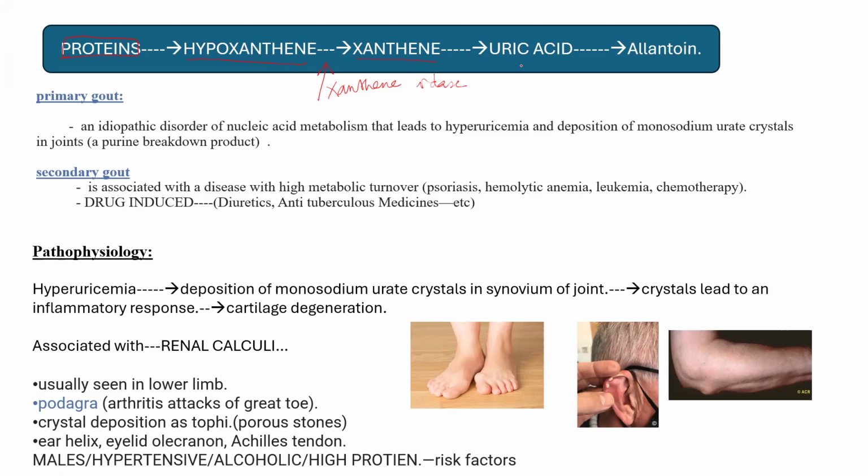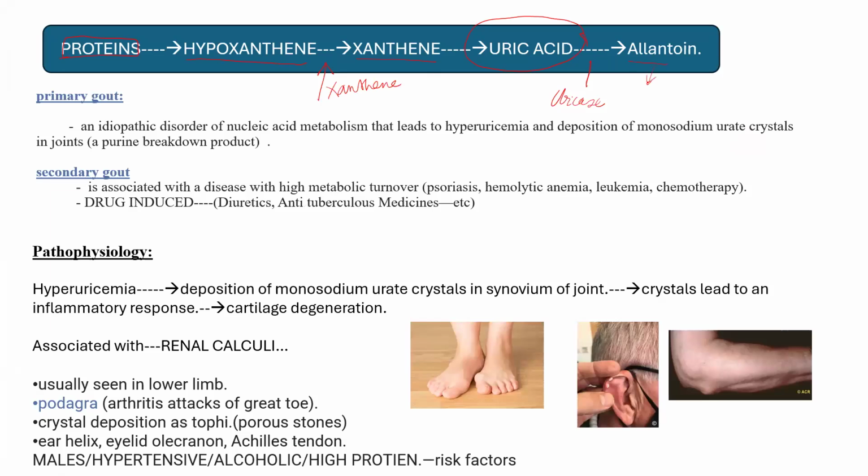Uric acid is the end product of metabolism in humans. Uric acid has poor solubility, so it is not easily excreted in the urine. Whereas in birds and other non-primates, they have an enzyme called uricase, which converts uric acid into allantoin.